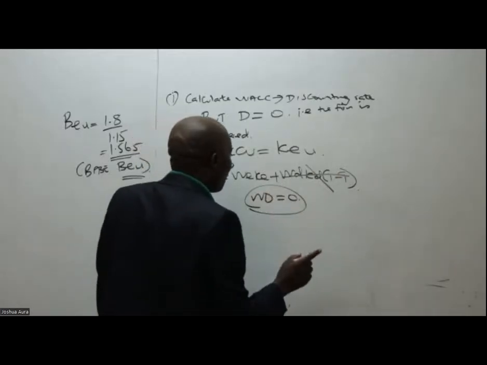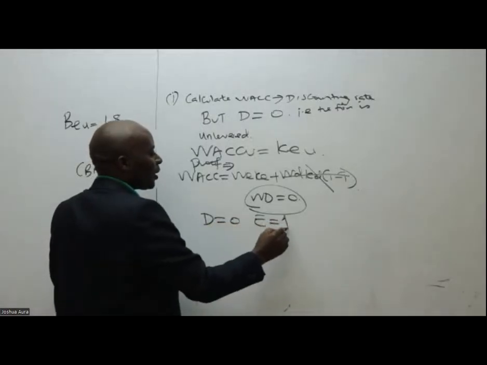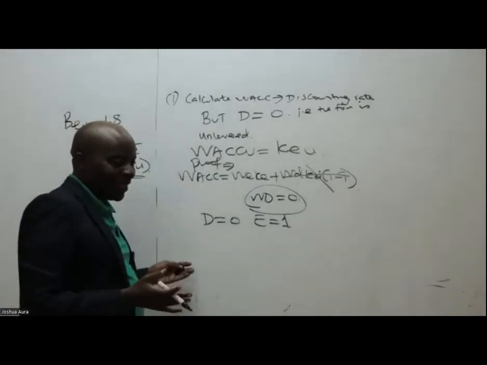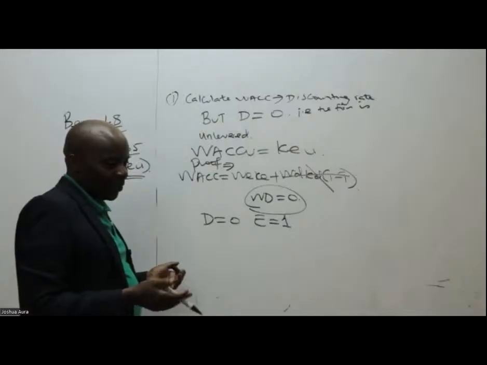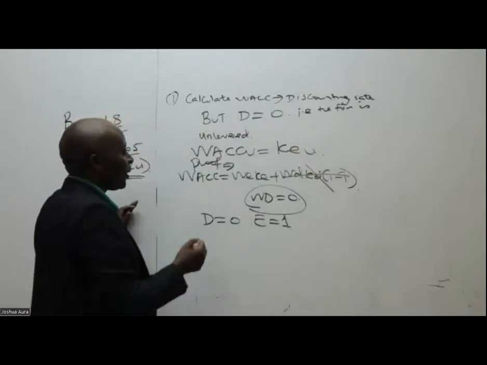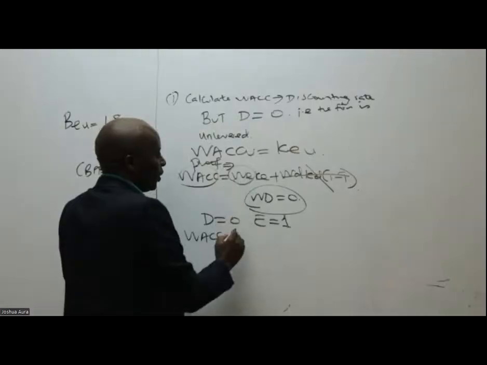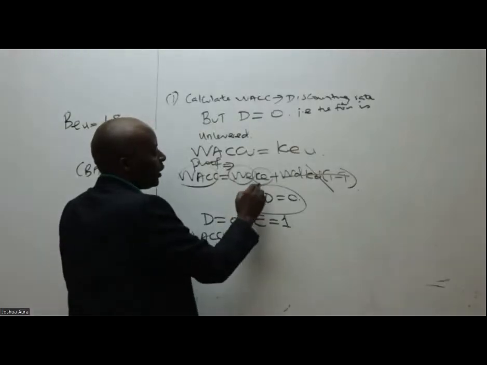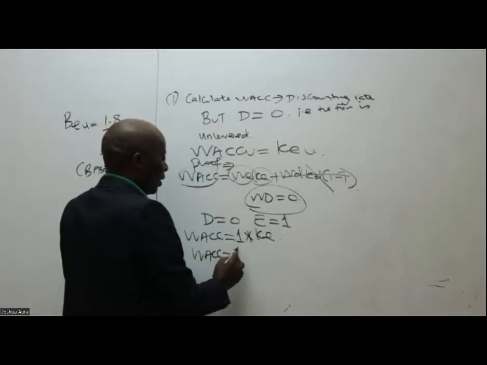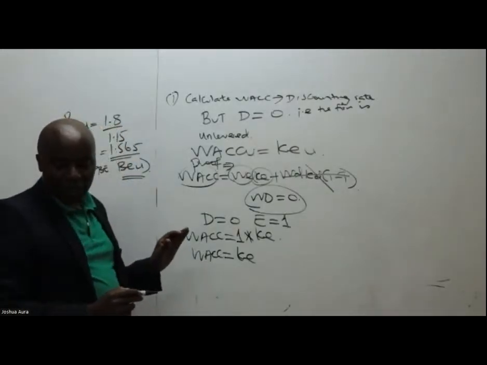And then the other thing you're supposed to know is that if debt is 0, then equity automatically will be 1, because the two must always add up to 100%. So our WACC will be equal to weight of equity, which is 1, times cost of equity. So our WACC will be equal to cost of equity for unlevered organizations.